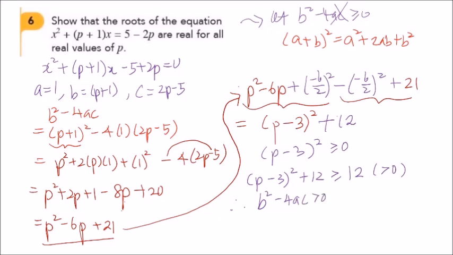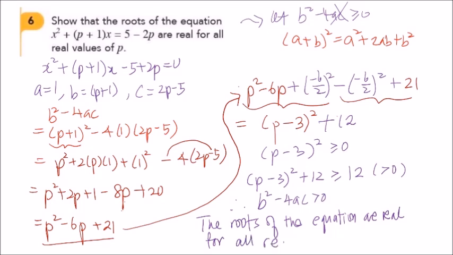Since we have verified that the value of b squared minus 4ac is more than 0, we can conclude that the roots of the equation are real for all real values of p.